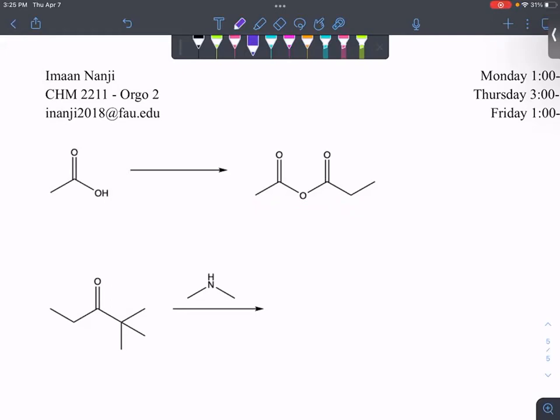When you give it the acid chloride, in this case, we're going to use this one. You can go ahead and attack with the carboxylic acid like this. And then you get the O in the middle. They're joined as an acid anhydride.